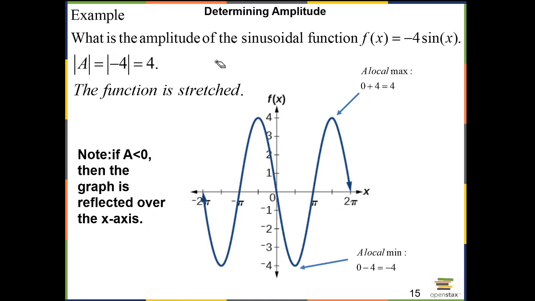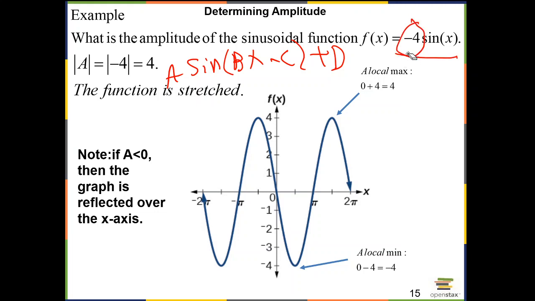All right, what is the amplitude of the sinusoidal function? A sinusoidal function is a function that looks like a sine bx minus c plus d, right? So what is the amplitude of the sinusoidal function given here? Well, it is the absolute value of -4, which is 4.